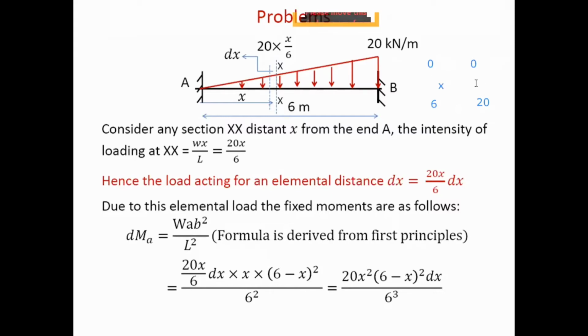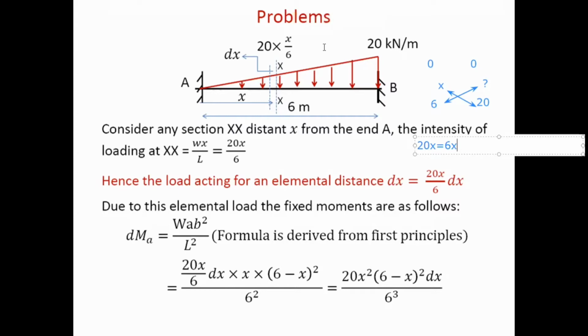We have to find this question mark. We will take simple cross multiplication: 20x is equal to 6 times the unknown term, 6 into y.